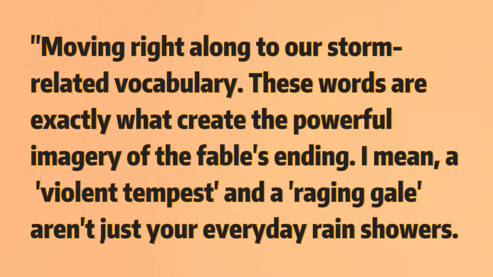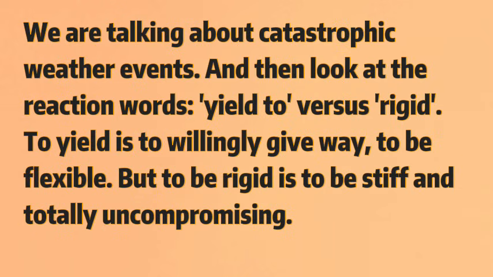Moving right along to our storm-related vocabulary, these words are exactly what create the powerful imagery of the fable's ending. I mean, a violent tempest and a raging gale aren't just your everyday rain showers. We are talking about catastrophic weather events. And then look at the reaction words.